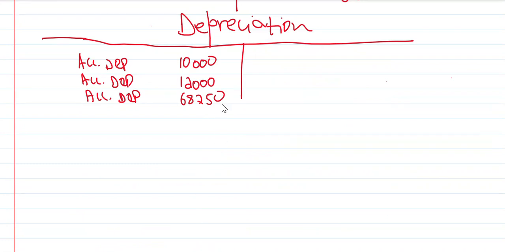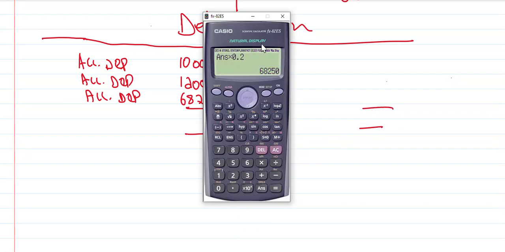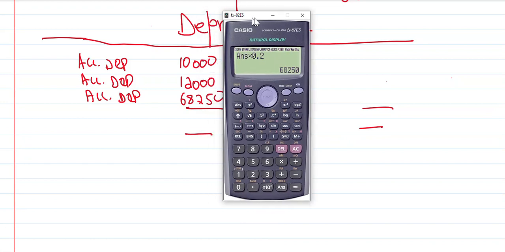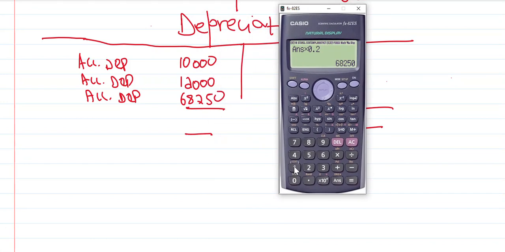So if you notice here, we have this. You can just total it up just to balance it, as they told us that we must balance these accounts. It'll be 10,000 plus 68,250 plus 12,000.